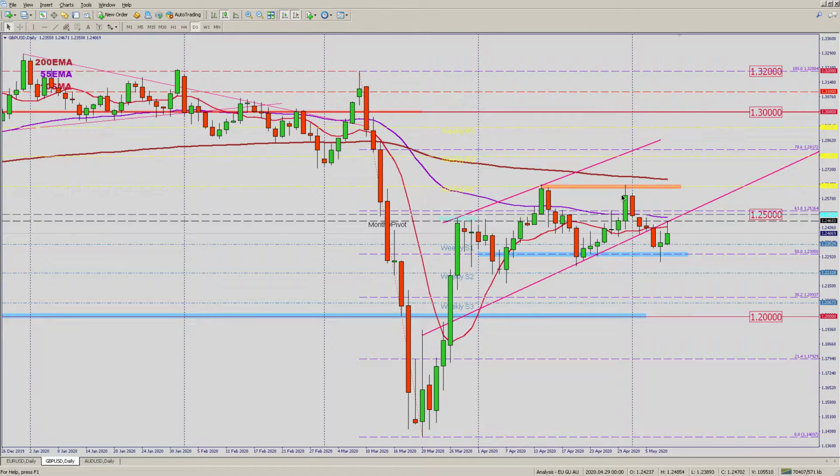And after retesting that swing high with a double top, that's where it fell below. Now we'll see it consolidating in a rectangle here.